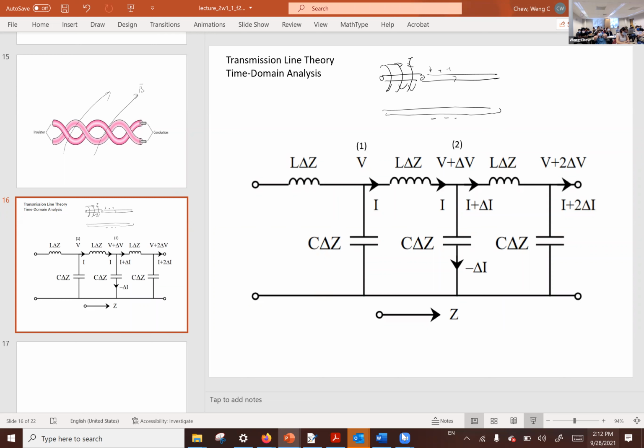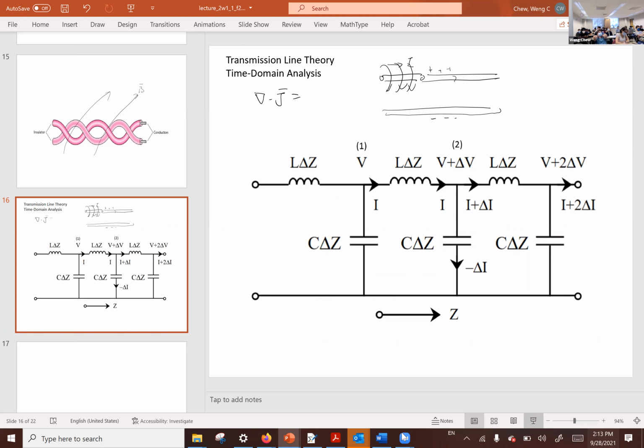Charges accumulating on the top wire and charges accumulating on the bottom. What do you see? Very good. Electric field will now be generated. So the current is not going to be the only thing that happens in the transmission line. On this line, the current is not uniform.